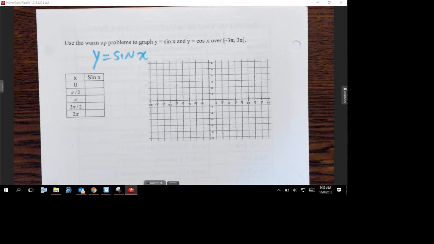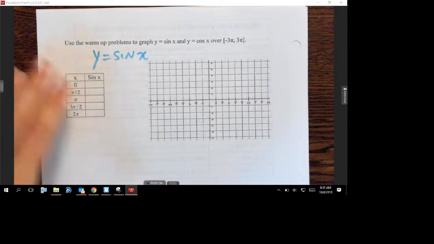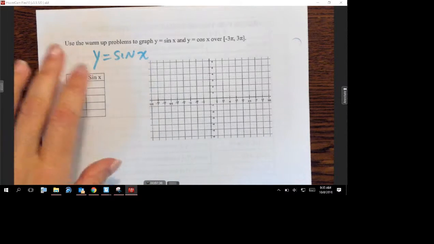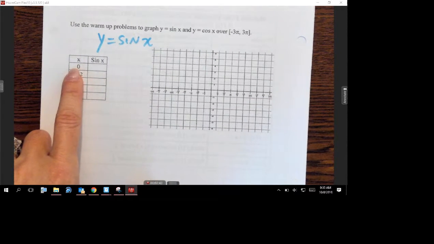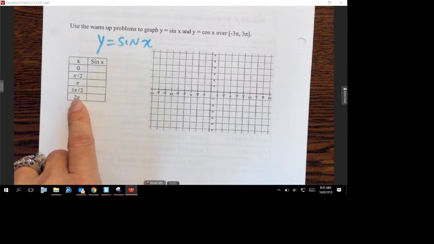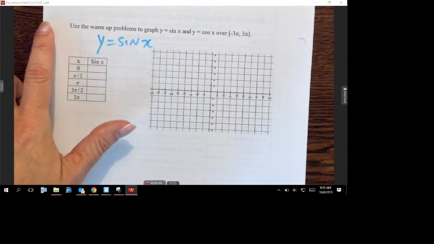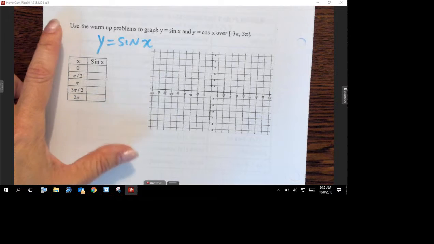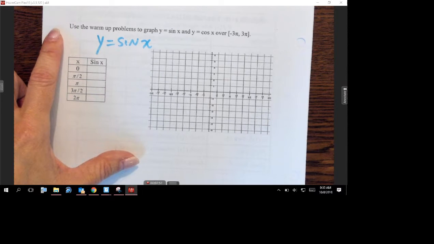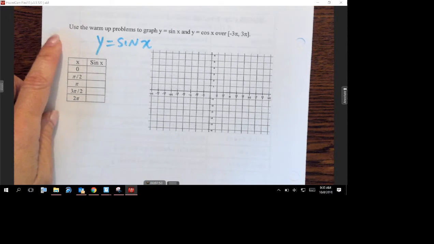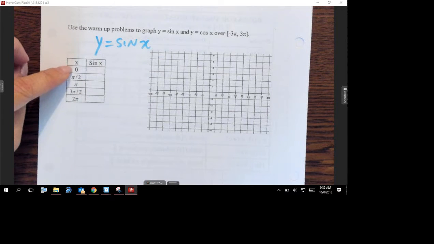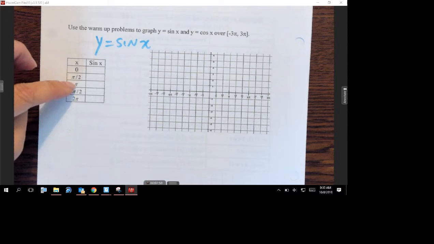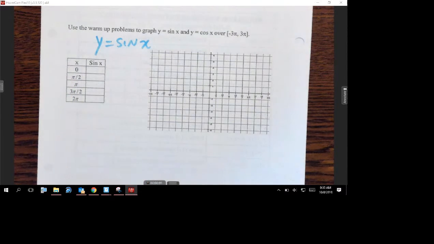So we're going to graph the parent function. These are the parent functions for sine x, and at the bottom we'll do cosine x. So sine x. You can use whatever x's you want, but the accepted values, the ones that everybody uses, are the easiest ones. Not even 30 degrees, though. Which values are we using when you look at 0, pi over 2, pi, 3 pi over 2, 2 pi?